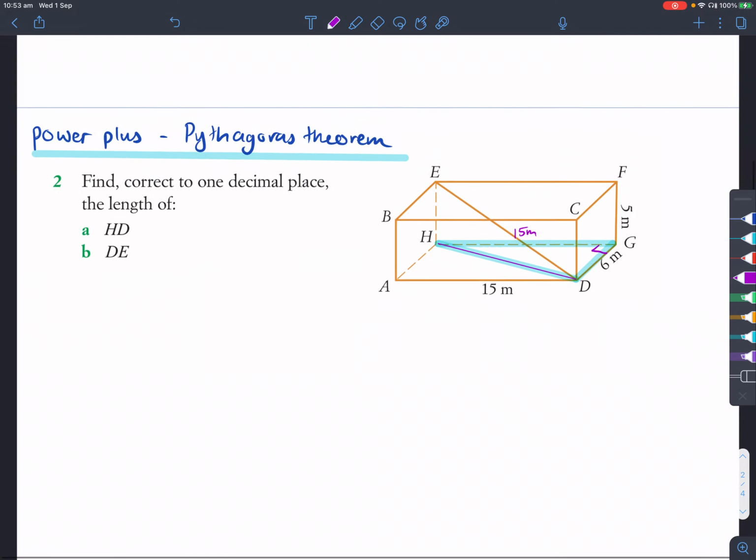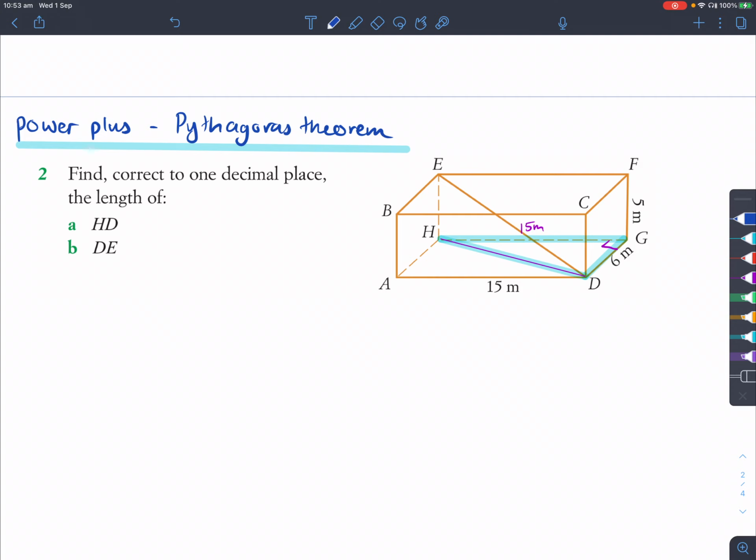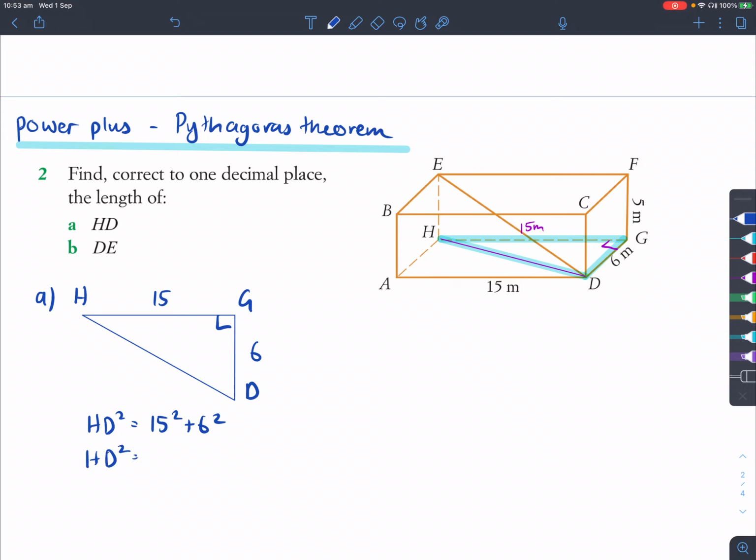Now, if I was to redraw that triangle out, I'm just going to redraw triangle HGD right there. You've already got 15 there and 6. So if you want to find out what the length of HD is, HD squared is equal to 15 squared plus 6 squared. So 15 squared plus 6 squared is 261.